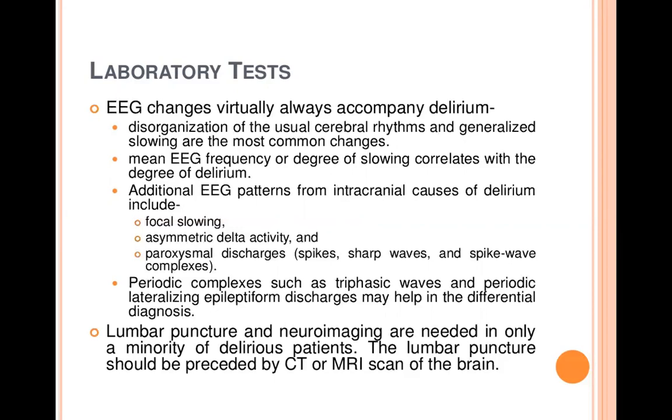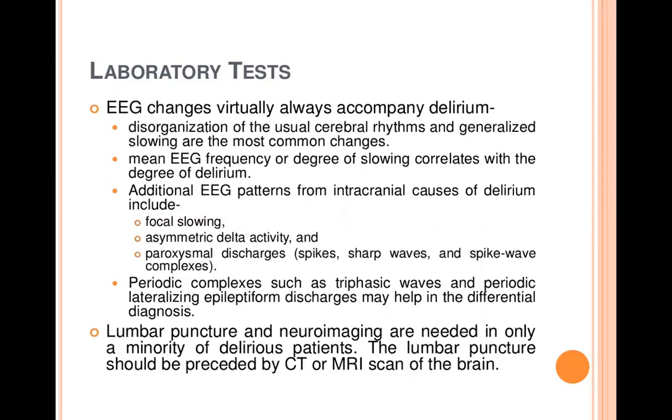It will be abnormal when the brain is having any abnormality or any injury or any infection or any trauma or any tumor. At that time the electroencephalogram will show abnormal impulses. The EEG frequency or degree of slowing correlates with the degree of delirium.